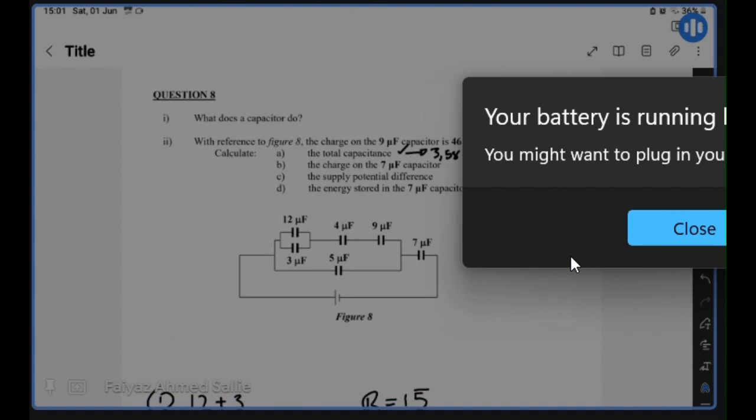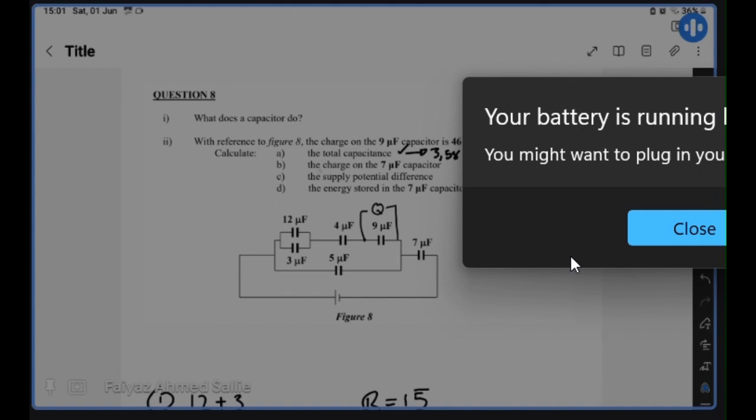Okay. So with reference to figure 8, the charge on the 9 microfarad capacitor is 46 microcoulombs. So they are saying that the charge over here is equal to 46 microcoulombs.